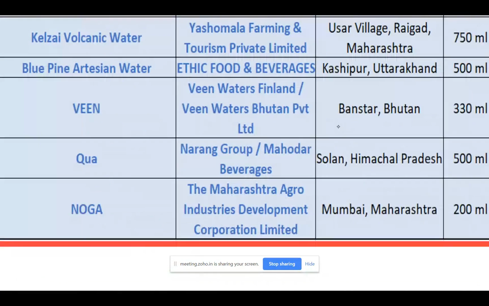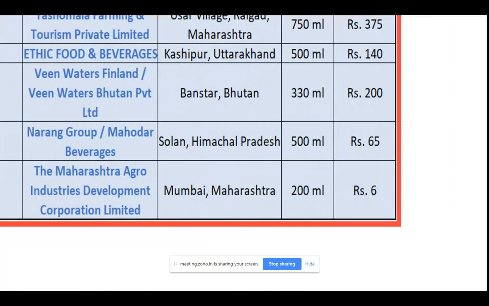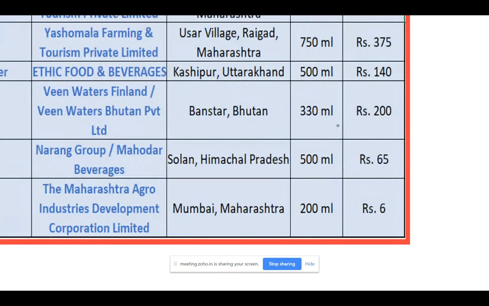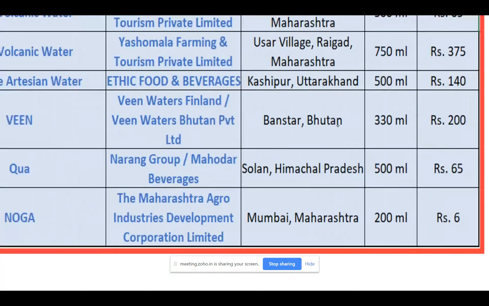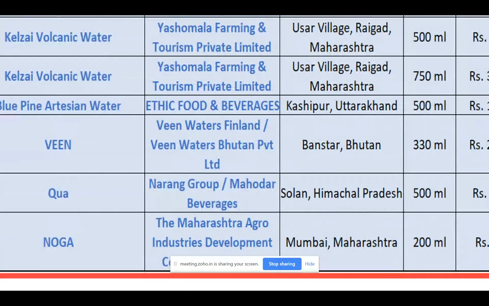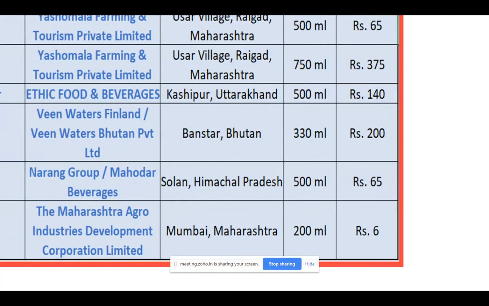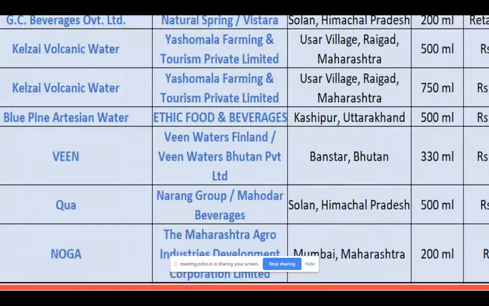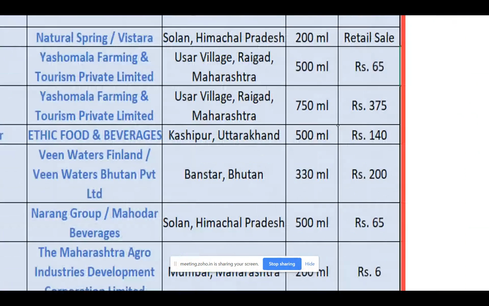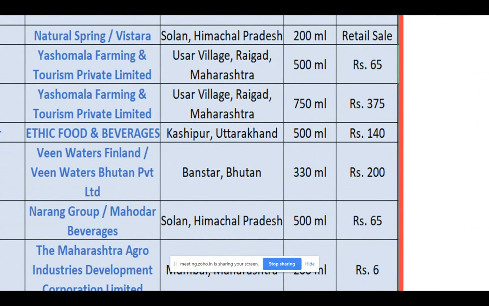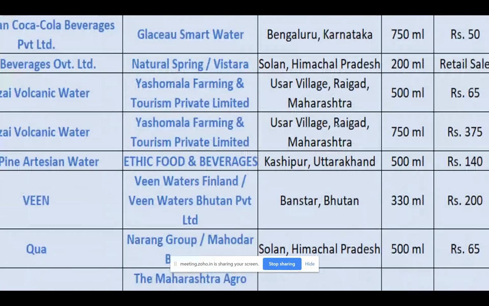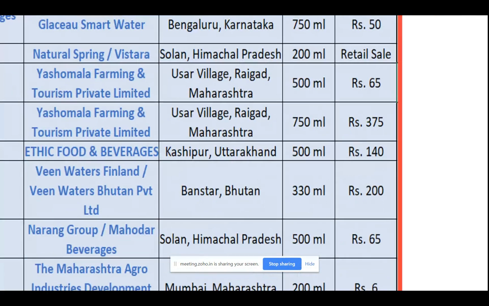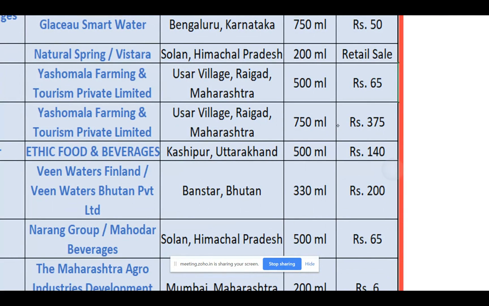If you see the first brand, Noga, it was costing 6 rupees for a 200 ml bottle. Then Qua, a 500 ml bottle costing 65 rupees. This Ween bottle, only 330 ml, how much is it costing? 200 rupees. Then Blue Pine, 500 ml, 140 rupees.